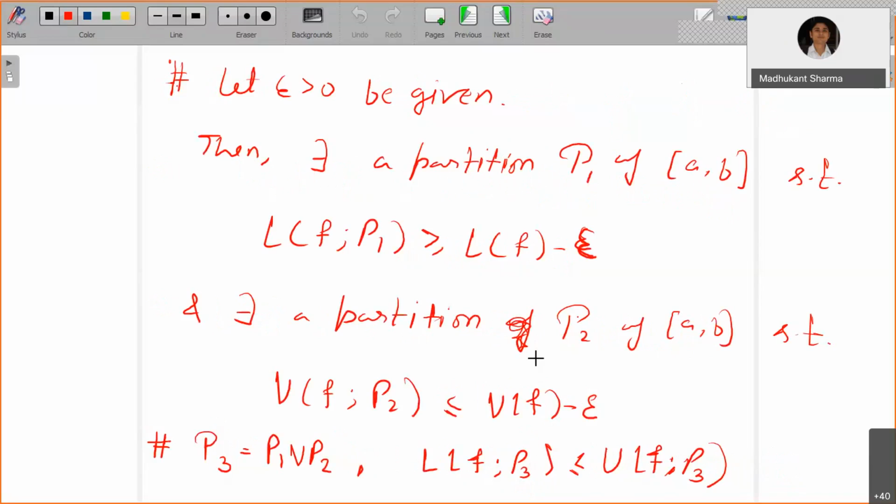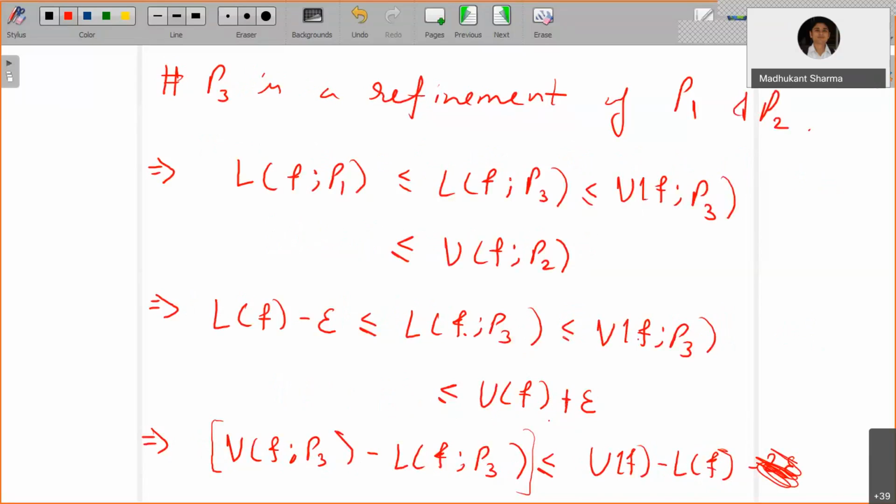Because of its infimum, that is going to be plus epsilon here, and this is going to be plus 2 epsilon. So if f is Riemann integrable, this must be true, so U of f is equal to L of f. When you have U of f equal to L of f, this is 0. So this will give you U of f,P3 minus L of f,P3 is less than or equal to 2 epsilon.